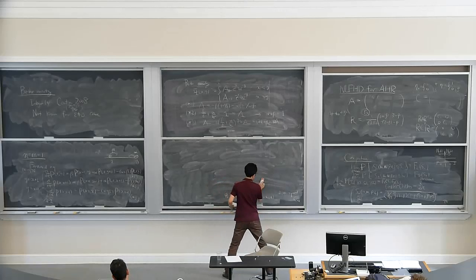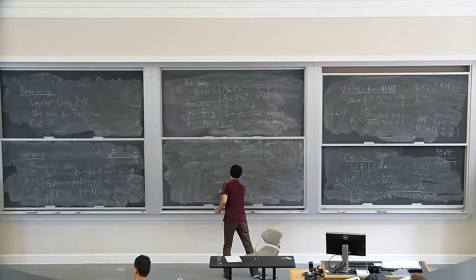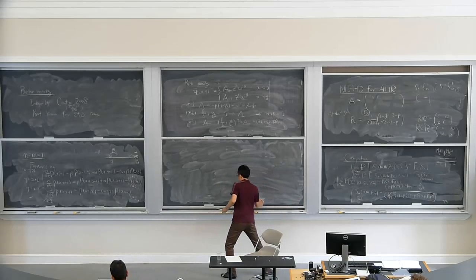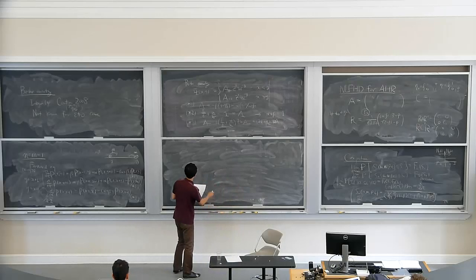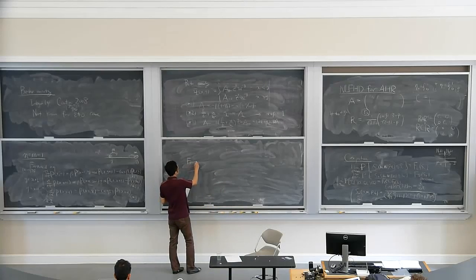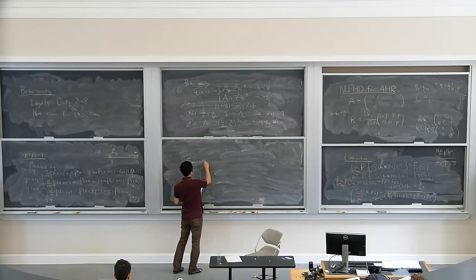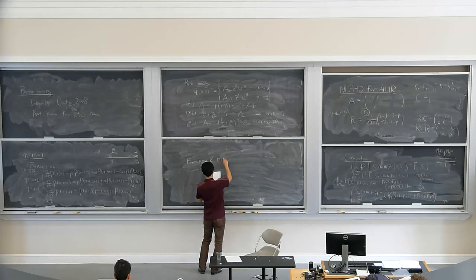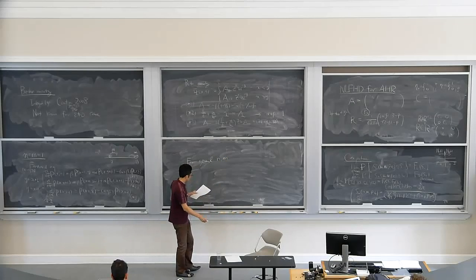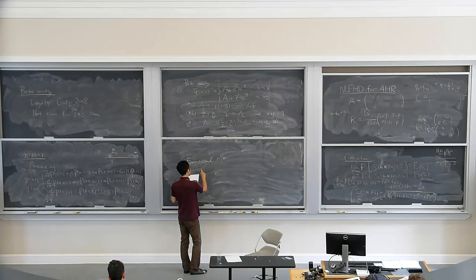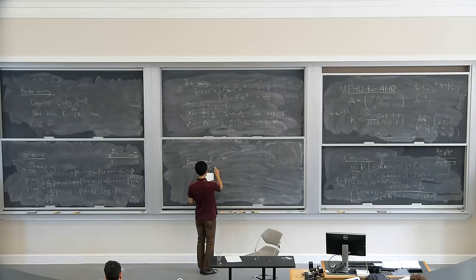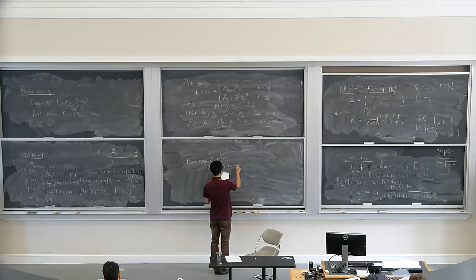But in principle, one can try to use a very similar Bethe ansatz for the general number of particles case. For the general case, the expression is a little bit complicated, so we have to introduce some notation.